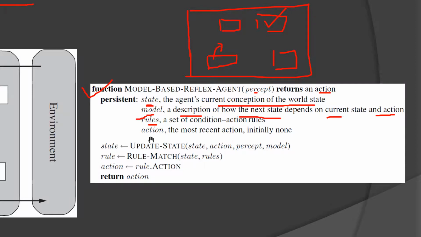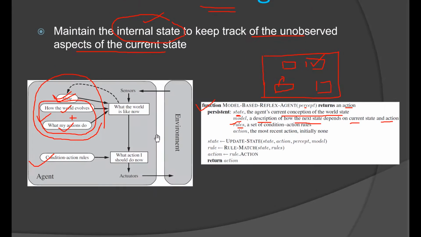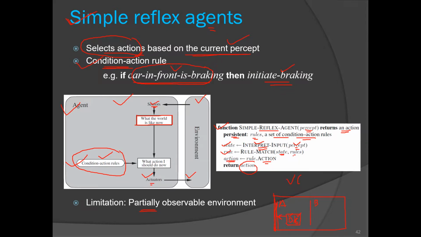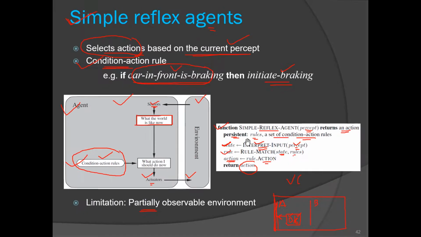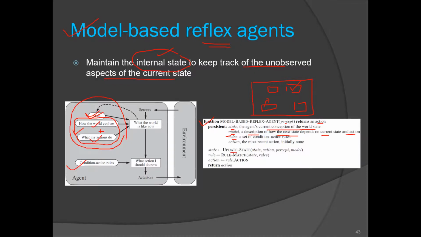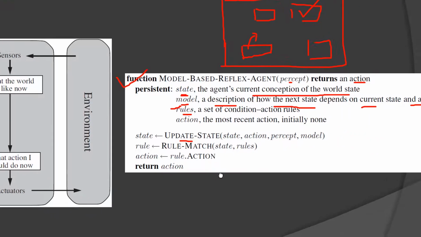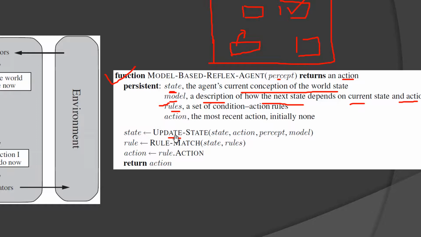Now in the previous model he was getting the state information using the interpret input function. Now here he has to update the state and get the updated state. He will update the state based on the previous state plus the action taken, then the percept and the model. Based on these parameters he will update the state and get the information about the current state.